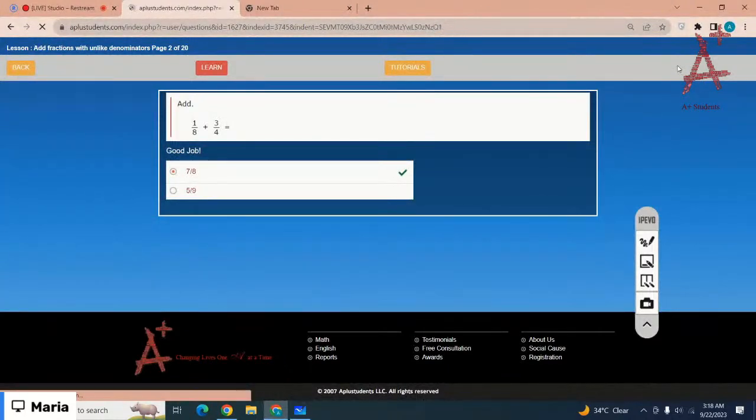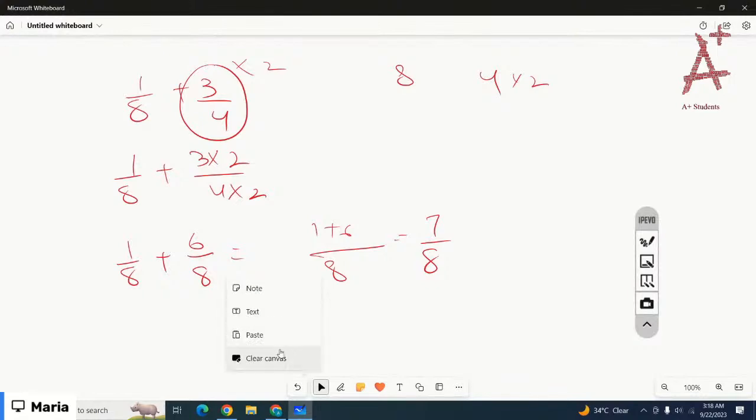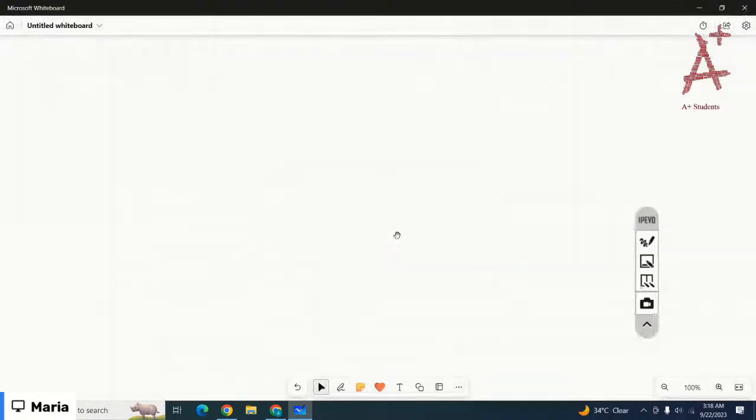Okay, the next one is you have to add 1 by 10 and 2 by 5. 1 by 10 plus 2 by 5. How do you add them? You have to make the denominators the same, right?